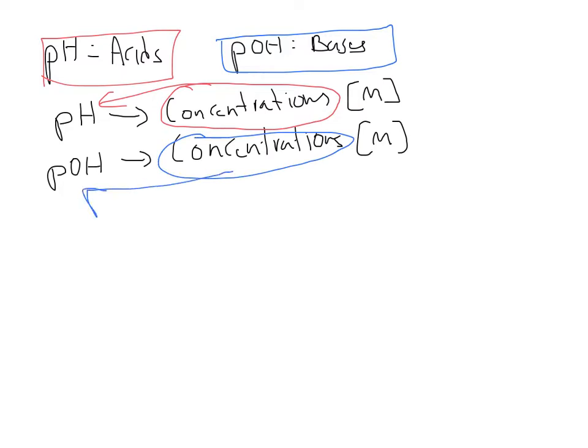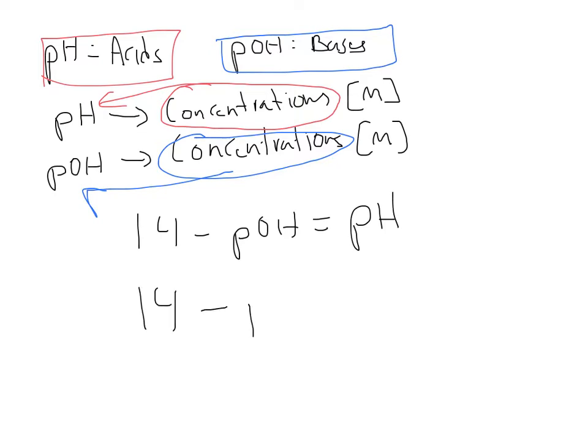Say you are given a pOH value and you want a pH value. All you have to do is 14 minus the pOH value gives you the pH. Say you're given the pH value and you want the pOH value.